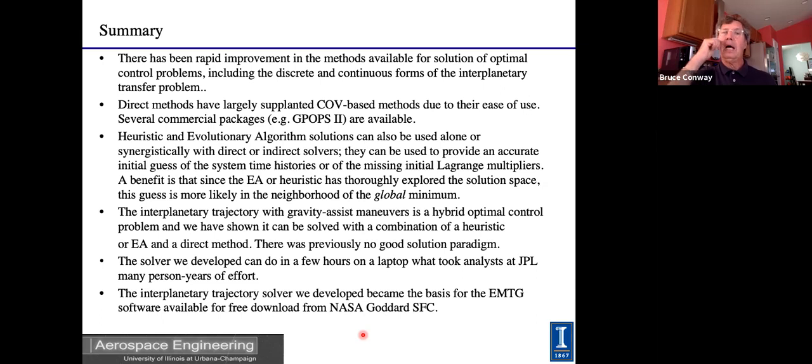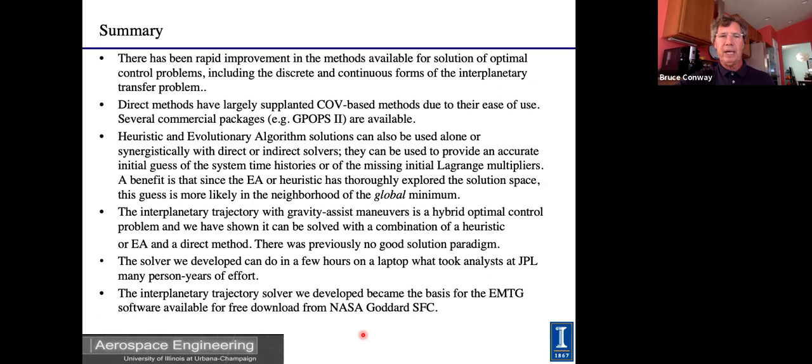Wow. That's hard to say. When I started, the available solvers, as I kind of alluded to at the beginning, were not very good. And they were challenging to work with because you had to solve 2-point boundary value problems.